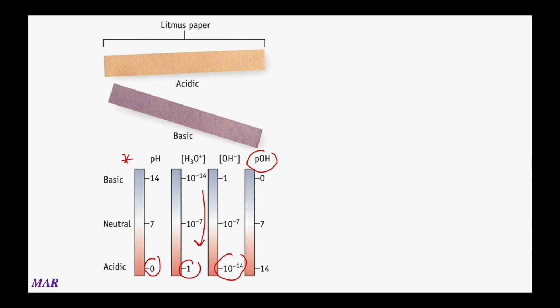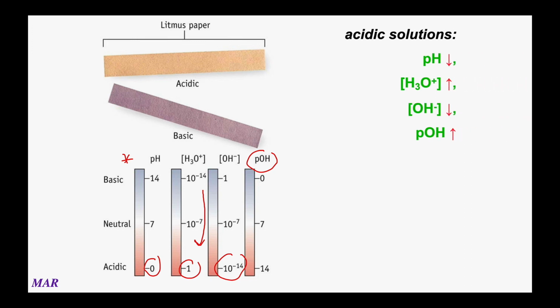So what I want you to do in this slide is just take a minute and think about these relationships. Because in an acidic solution, you're going to have a low pH, because pH will go to 0 as it gets acidic. And in an acidic solution, that means you have a high amount of hydronium. But a high amount of hydronium means a low amount of hydroxide. Hydronium times hydroxide, remember, equals Kw.